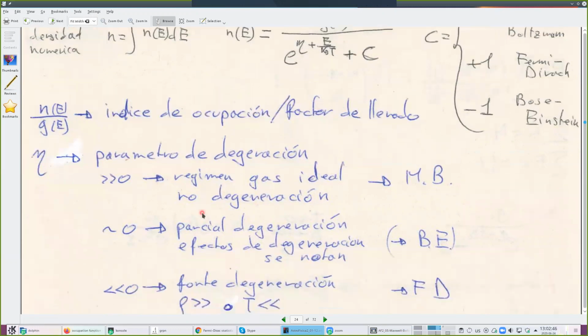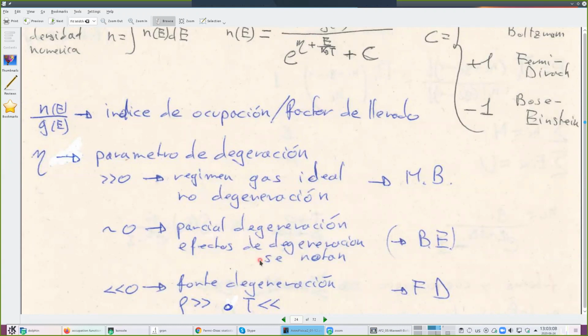Here, theta, partial degeneration. Actually, in the case of bosons, usually there is infinite degeneration. You can put as many particles as we want in each state.